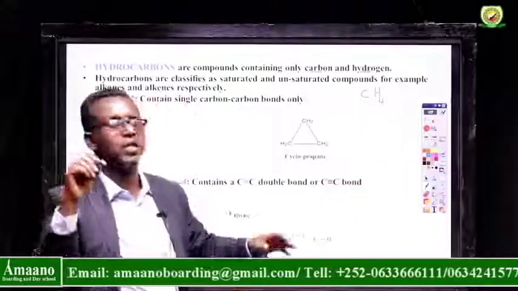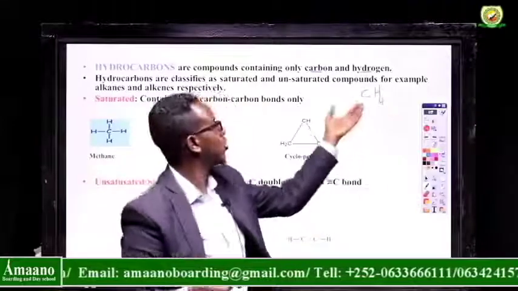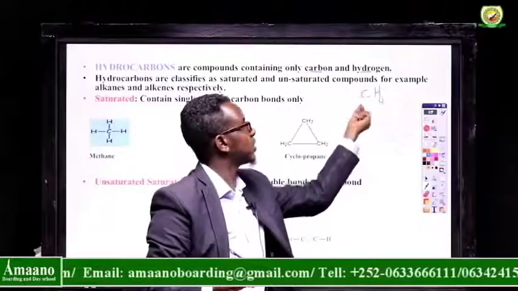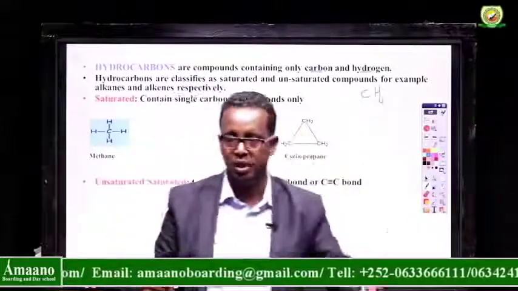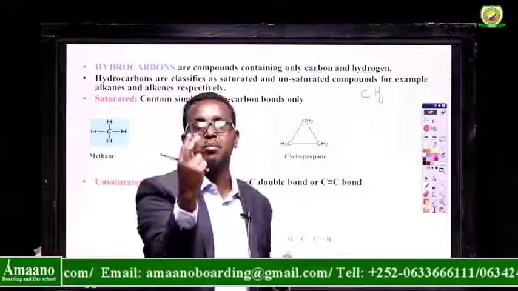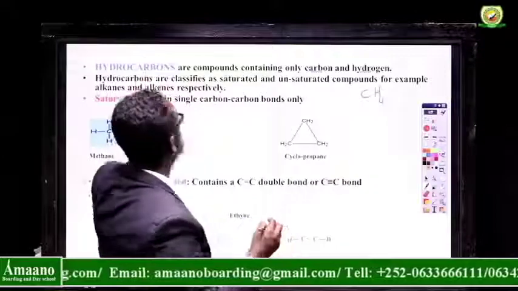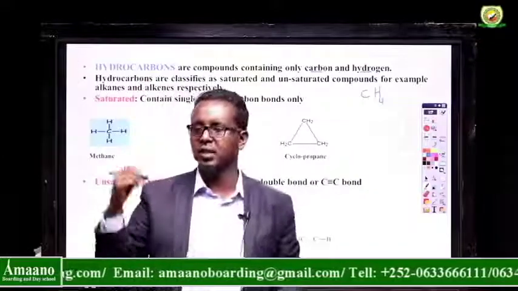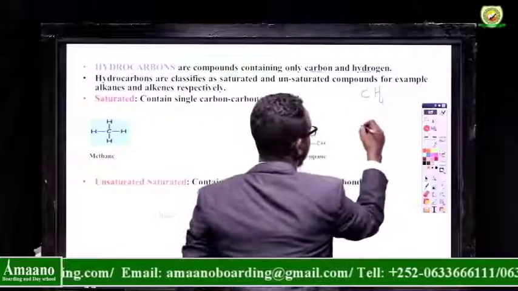We don't care about the number of atoms. It contains 1 carbon and 4 hydrogen atoms. How many hydrogens are attached, how many carbons it contains, we don't mind. But it contains only 2 types of atoms, carbon and hydrogen. Those are called hydrocarbons.